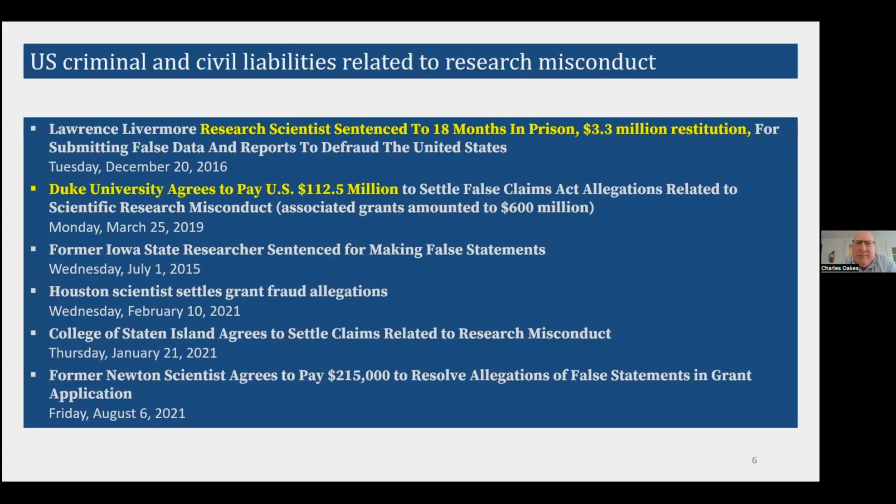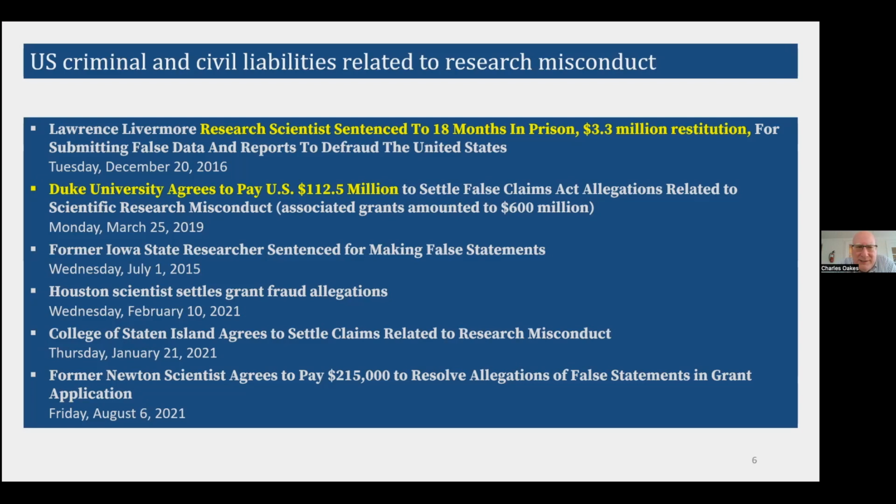So what can be done about it? Well, in the US, there are laws about scientific misconduct, but they're civil complaints. So people are pursued criminally as well. And I've got a long list of examples here. These are just federal scientific misconduct cases.